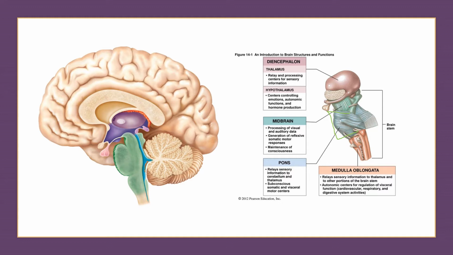Remember that a lot of the outer portion of the cerebral cortex is basically made up of cell bodies. So this is all cell bodies through here.